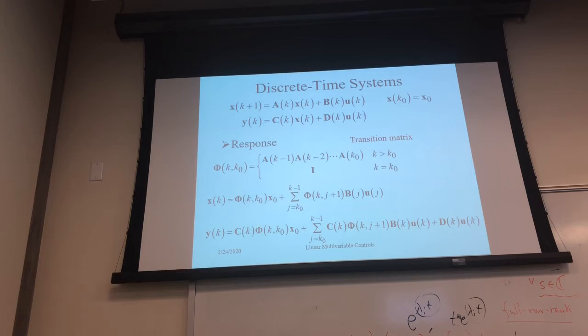Then you can write down your state transition, the response of state due to initial state and control, in this way, with J from K0 to K-1. This phi is taking this format. And output is C phi, and then you have C phi, BU, and DU. Just insert the K inside, because I'm not doing anything about K, I'm doing the J, summing up the J's.